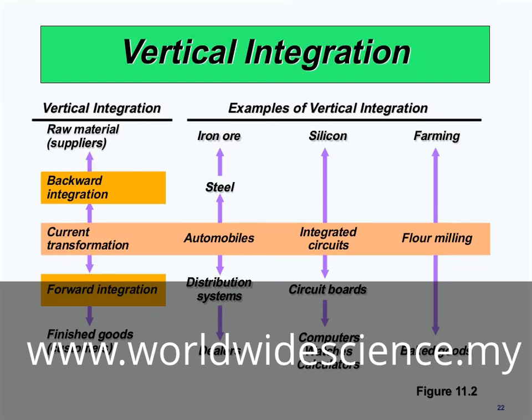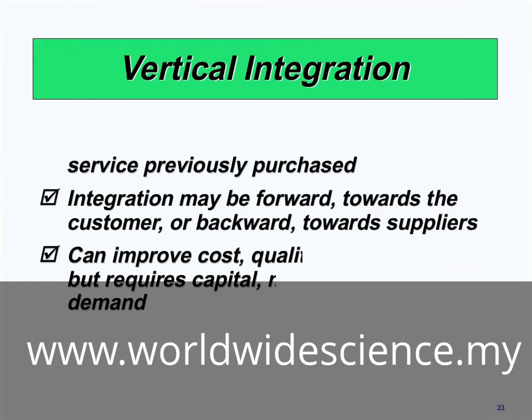So vertical integration means a company decides to purchase one of its suppliers to control and monitor the raw materials which are purchased up to now. This strategy is one of the strategies that take place in the supply chain.